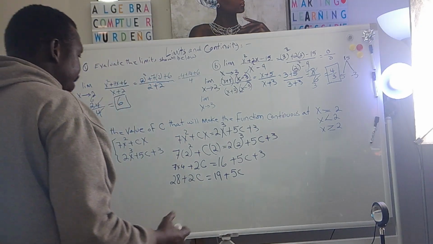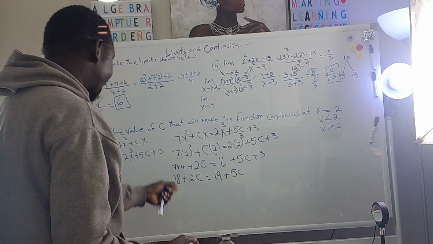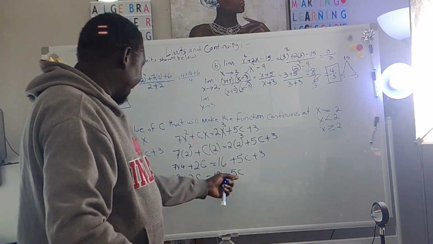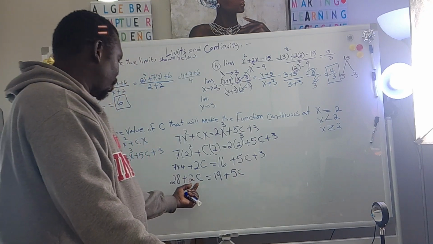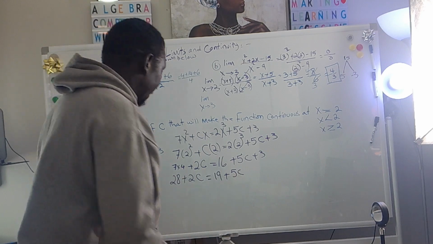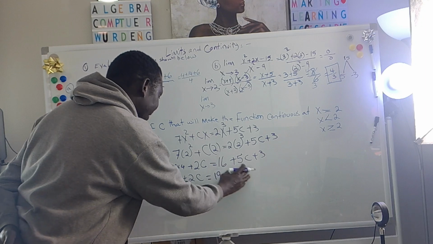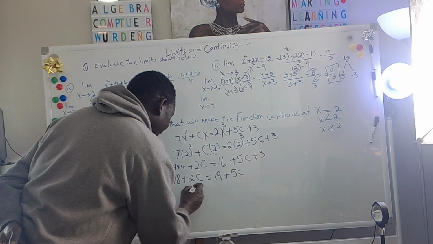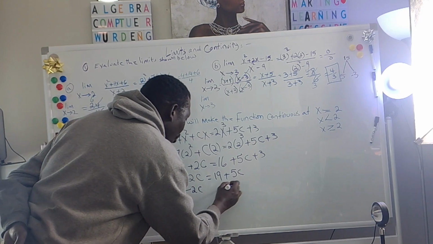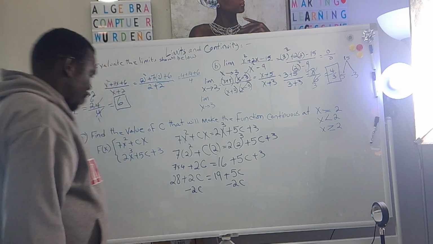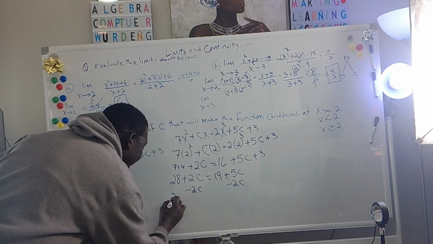Now, let me get rid of one. Let us just take the smaller 2c out of 5c. Let us do this first, because now we have variables on both sides. Let us eliminate one. This is positive, so I will use the negative sign: negative 2c on both sides. When I take negative 2c here, we are left with 28.